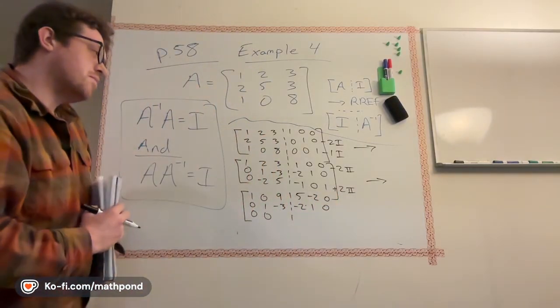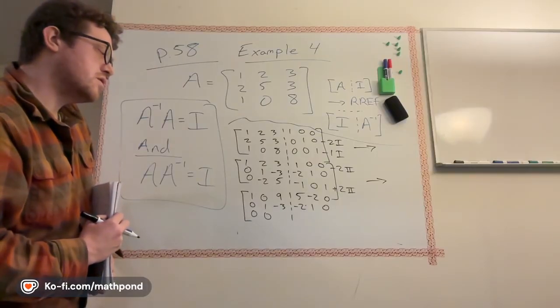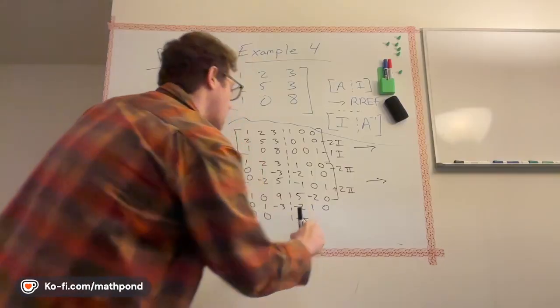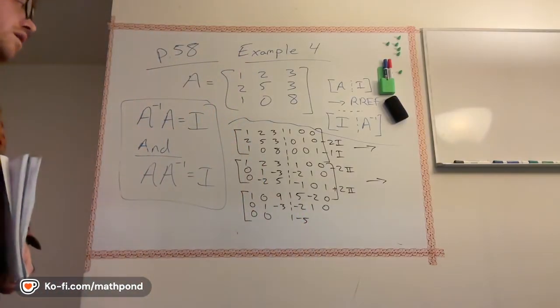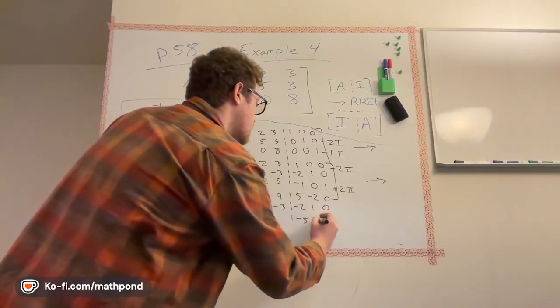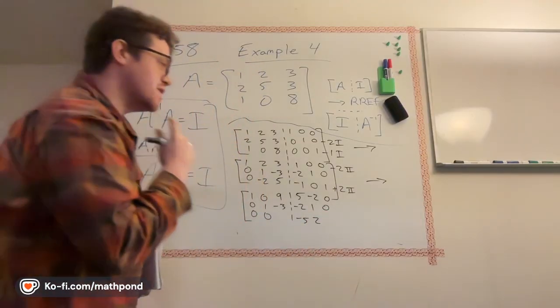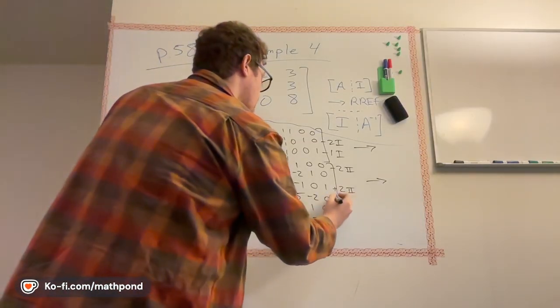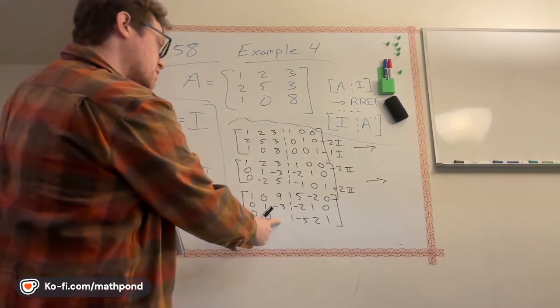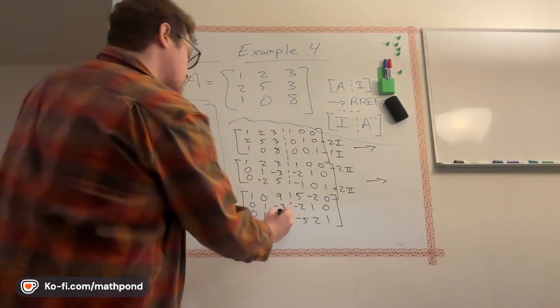Negative 1 plus negative 4 is negative 5. 0 plus 2 is 2. And 1 plus 0 is 1. Oops, I forgot this one. So 5 plus negative 6 is negative 1.